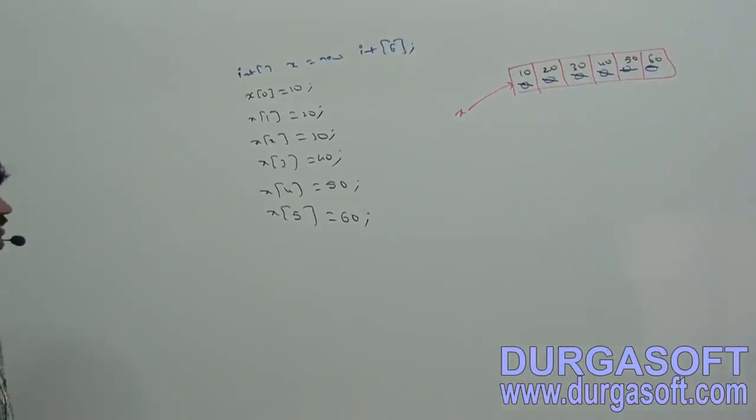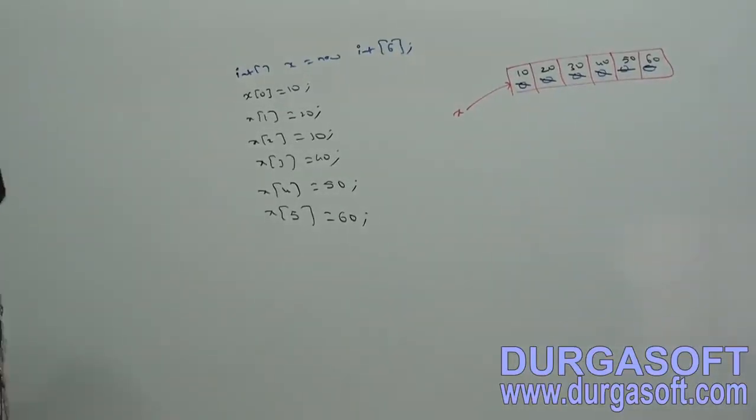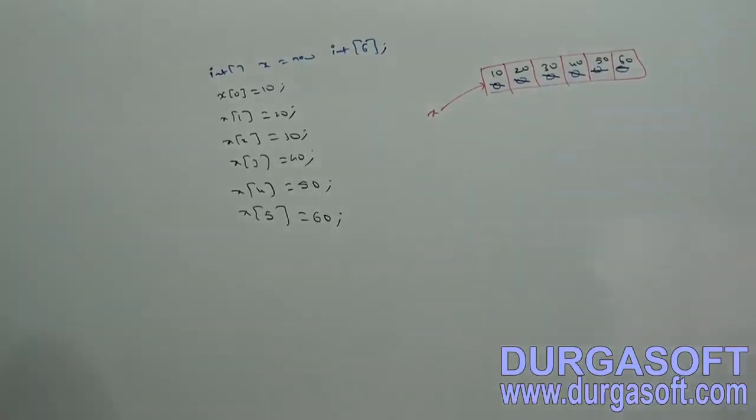Take this example. int array x is equal to new int array of 6.